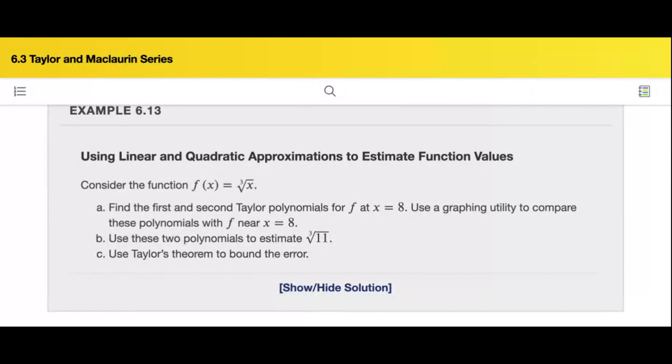So this is saying use linear and quadratic approximations to estimate. That's what our calculator does exactly, right? If we key in cubic root of 10, the calculator would put it into a Taylor or Maclaurin series to calculate, right?